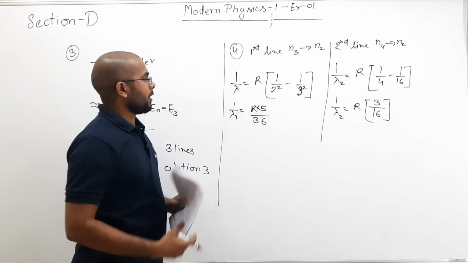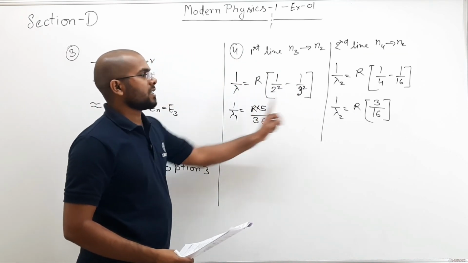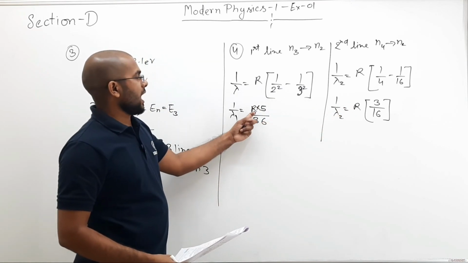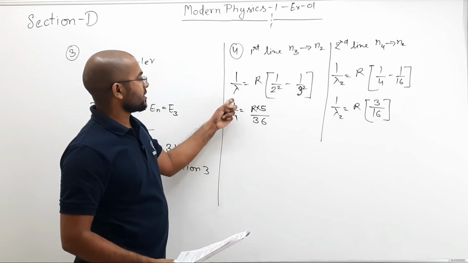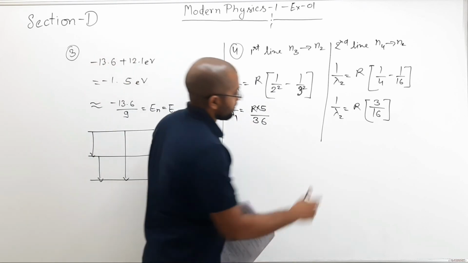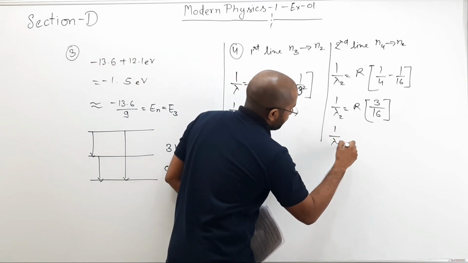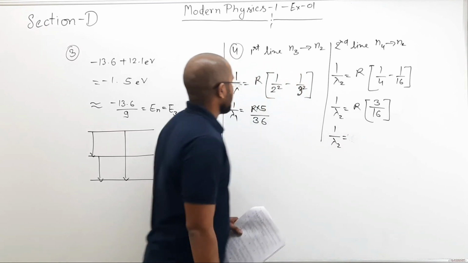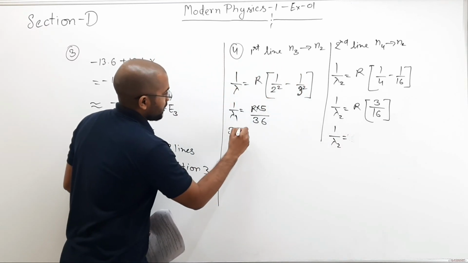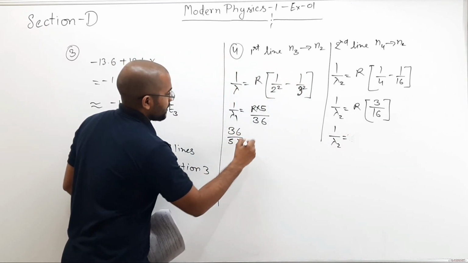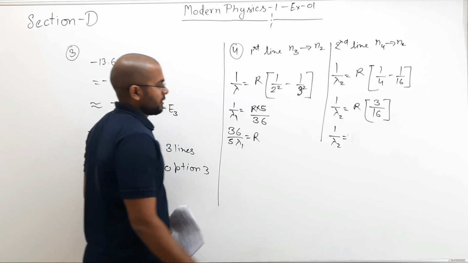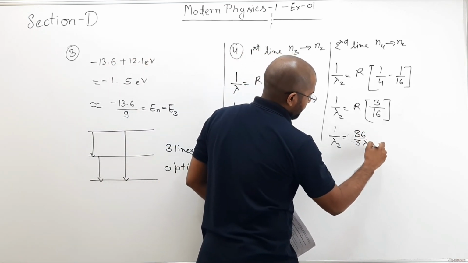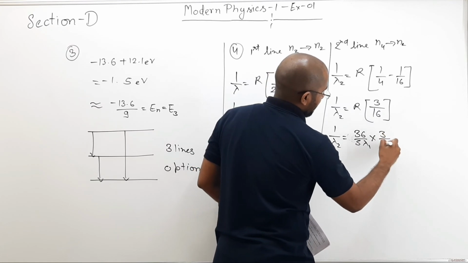Now, from here, R is same in both. So I can replace this R with 36 divided by 5 lambda 1. So 1 by lambda 2 equals R, and in place of R, I can write from here 36 divided by 5 lambda 1 equals R. So put that here. 36 divided by 5 lambda 1 multiplied by 3 divided by 16.